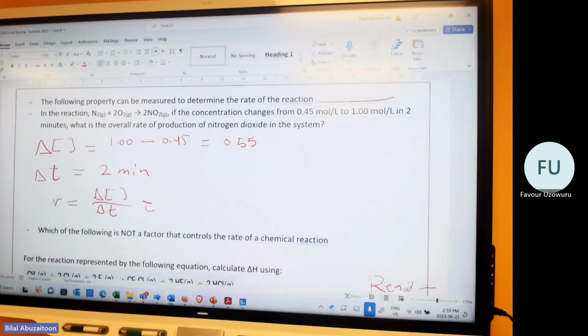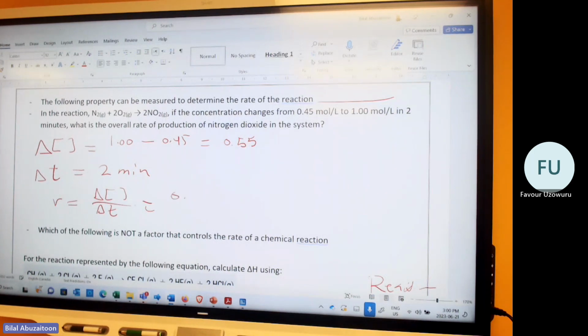Now here, the change in what in chemical reactions? Is it changing in distance, like speed in physics? It's the change in the molar concentration per time.